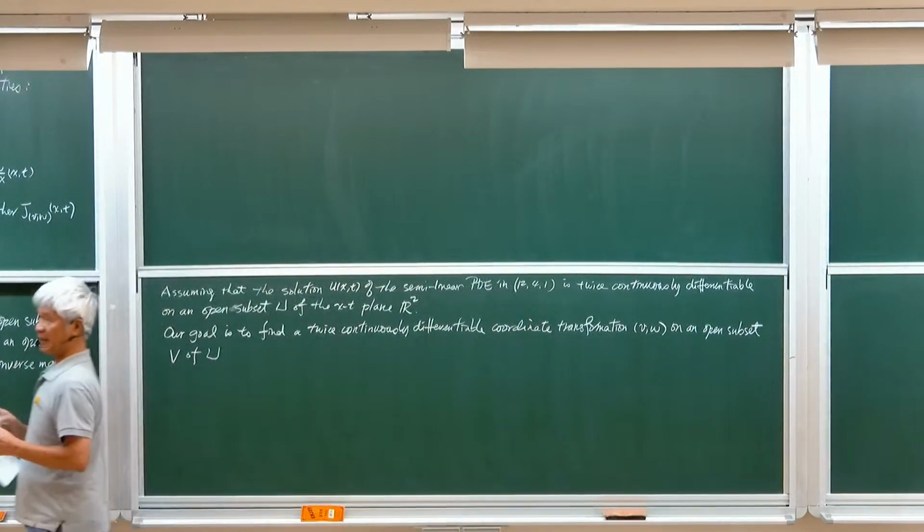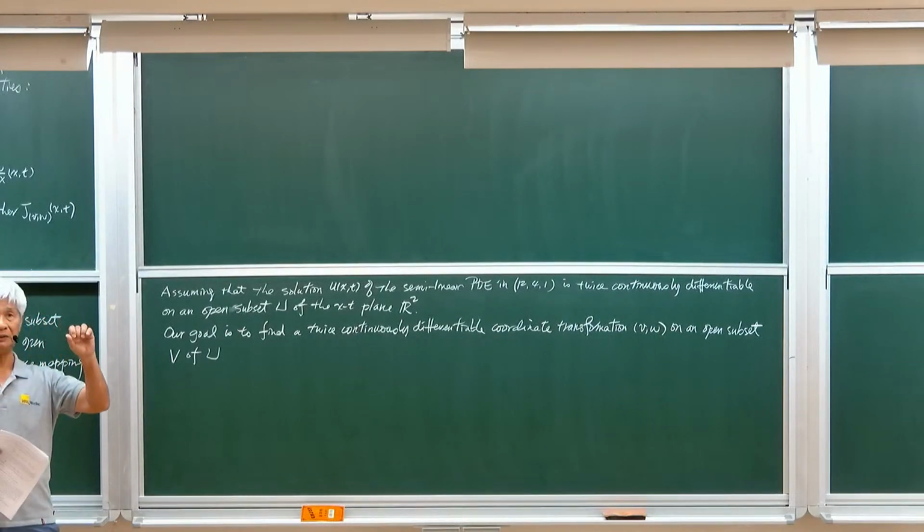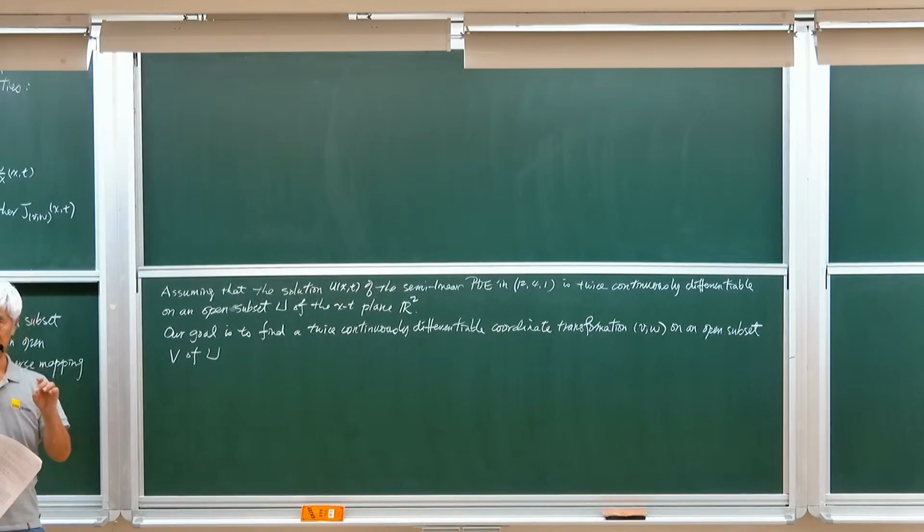All right, by the merit of the inverse function theorem we mentioned last Tuesday. Okay, because last Tuesday we know if a vector function from a subset of Rn has a non-zero Jacobian determinant at certain points, then in a neighborhood of that point we can find a coordinate transformation. Okay.